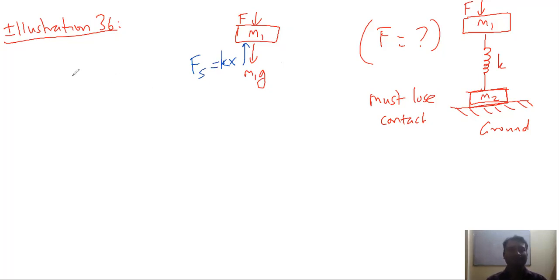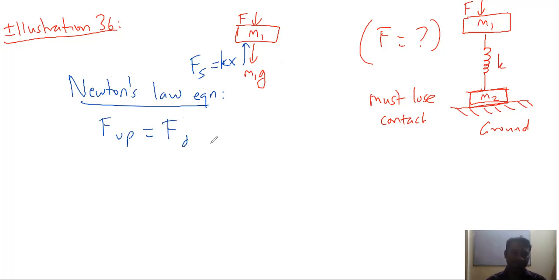Now, if I apply Newton's law, the upward forces equal the downward forces. The only upward force is the spring force Fs, whose value is Kx, and the downward force is M1g plus capital F. So this is equation number 1 on body M1.